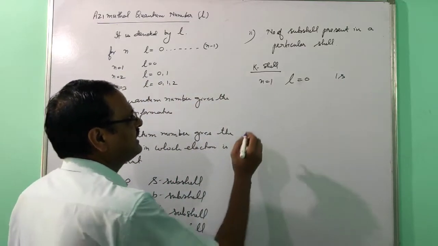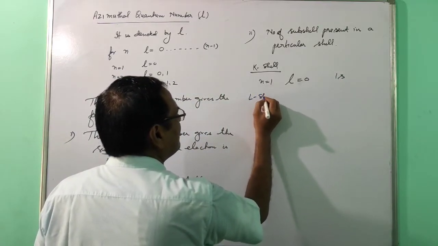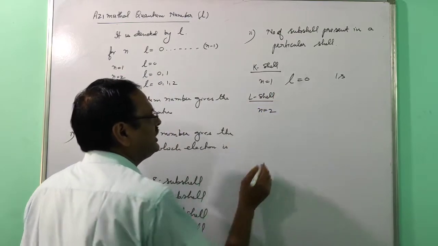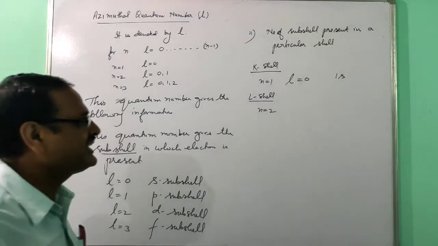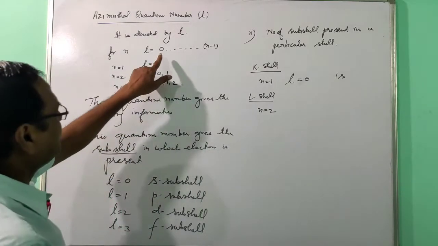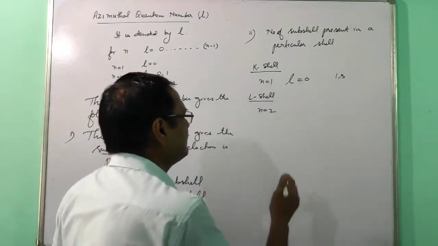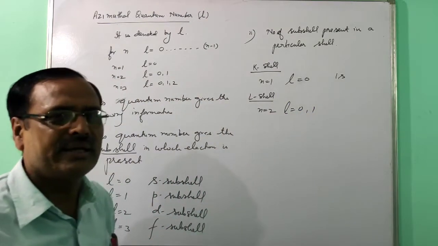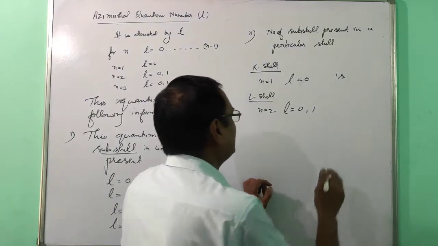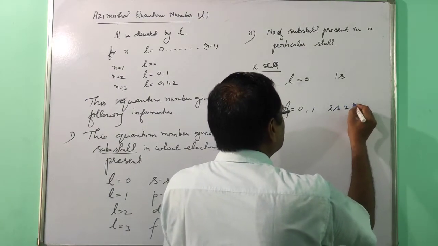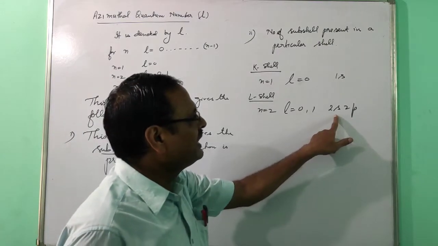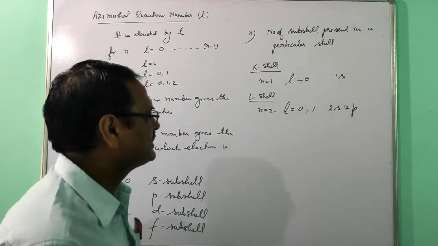Now the second shell, the L shell. For the L shell, n is equal to 2. Then the value of l will be 0 to n minus 1, so l is 0, 1. Now make the symbols: this will be 2s, 2p. So how many subcells are present here? Two subcells.